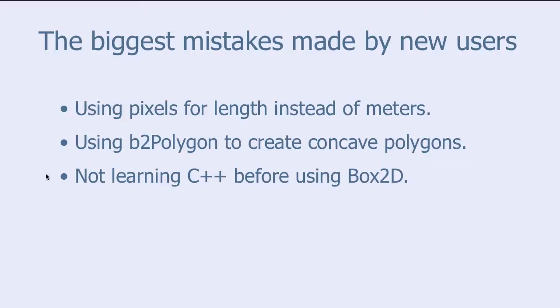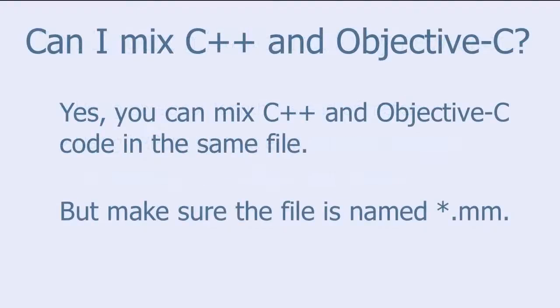Now, you don't need to be an expert in C++ for using Box2d, but you must know some rudimentary facts about it. It is still possible to use Objective-C for your own code, because you can mix C++ and Objective-C in the same file. But make sure that the file suffix is .mm instead of .m.